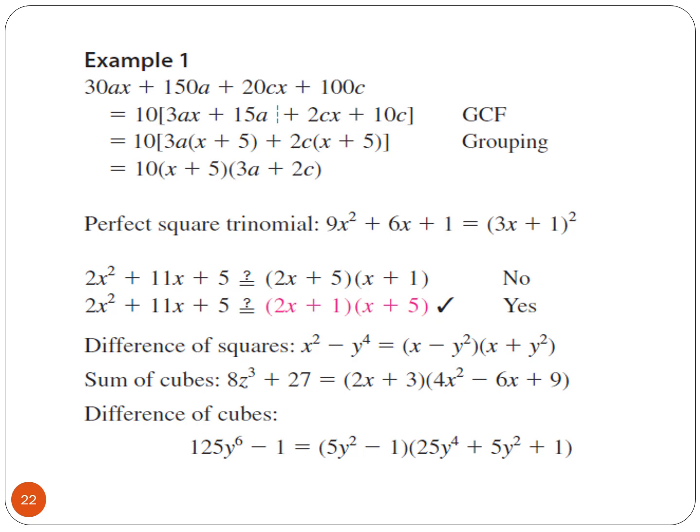An example of using the sum of two cubes is 8z cubed plus 27. You can think of the first term to make this the sum of two cubes. The first term is just 2z, everything cubed. The second term is just 3 cubed. So this is the sum of the cubes of two quantities. The first quantity is 2z and the second quantity is 3.